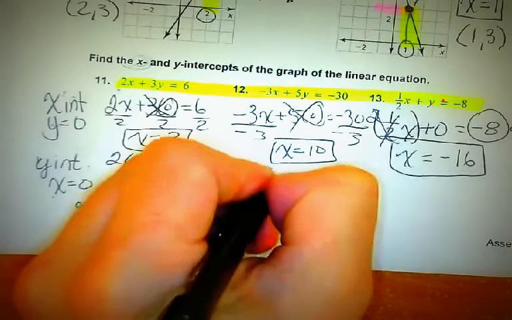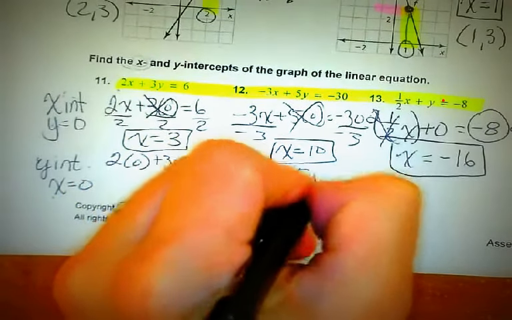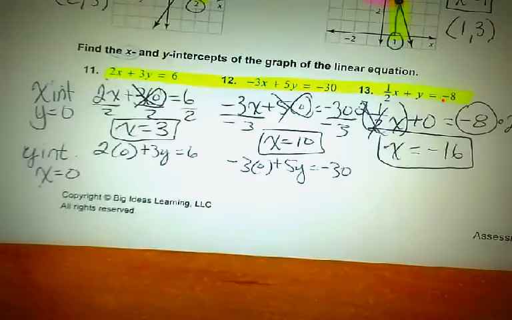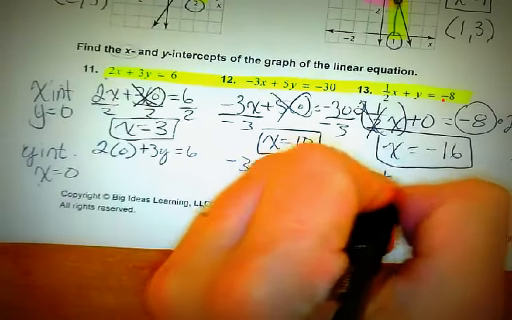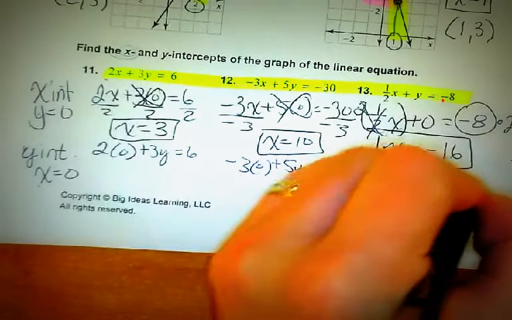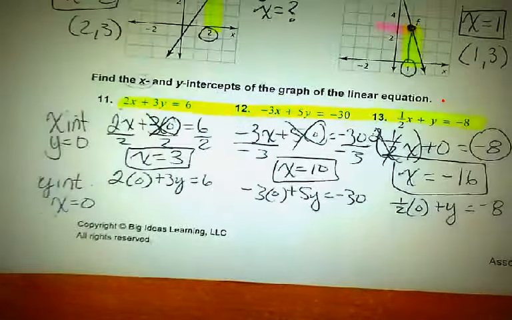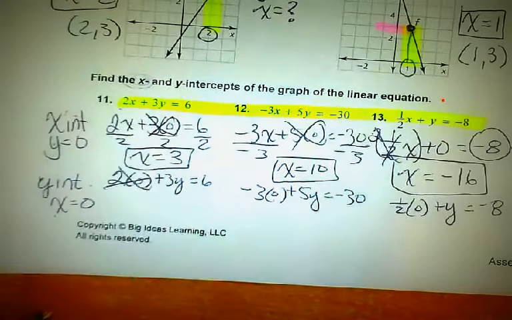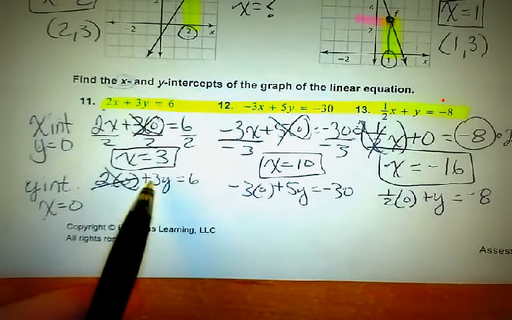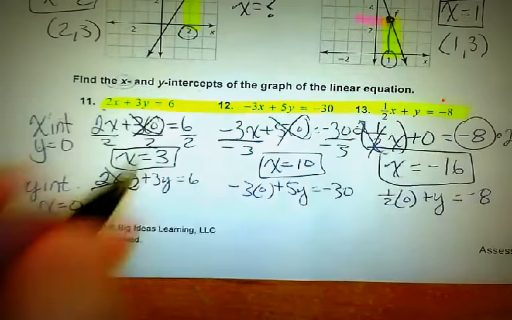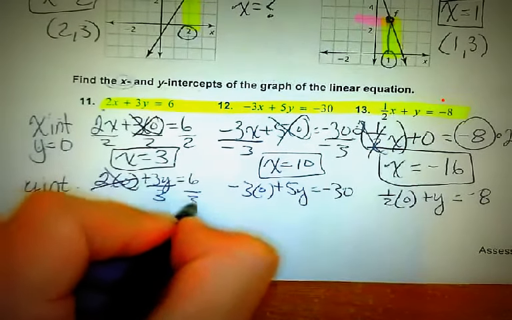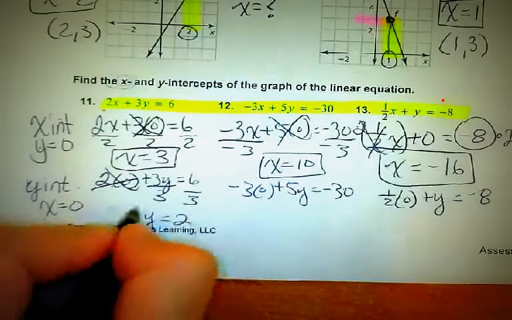Negative 3 times 0 plus 5y is negative 30. 1/2 times 0 plus y equals negative 8. 2 times 0 is 0. So we're just left with 3y equals 6. So I can divide both sides by 3 so that y is 2.